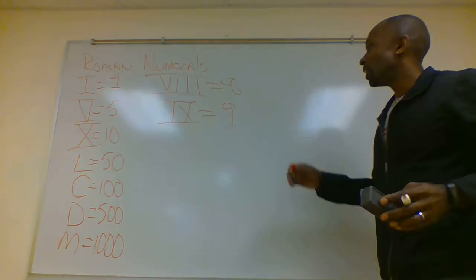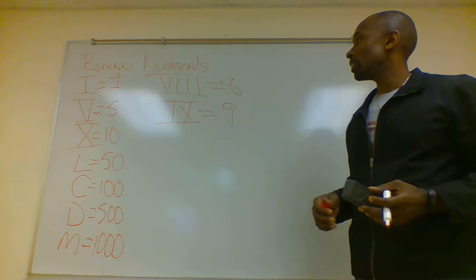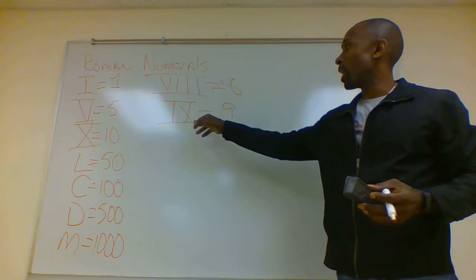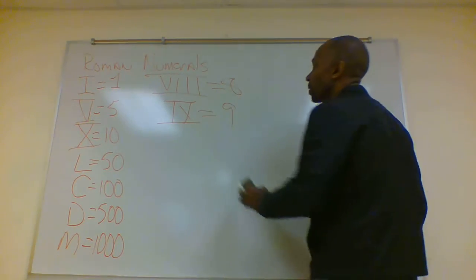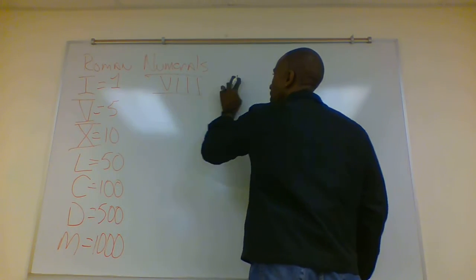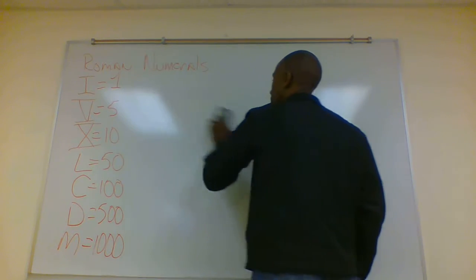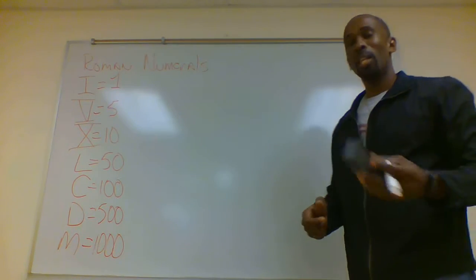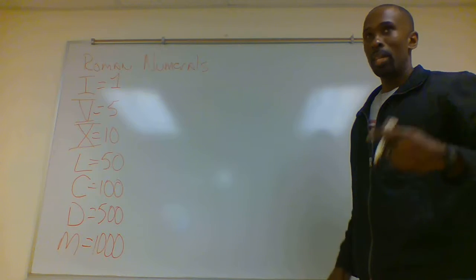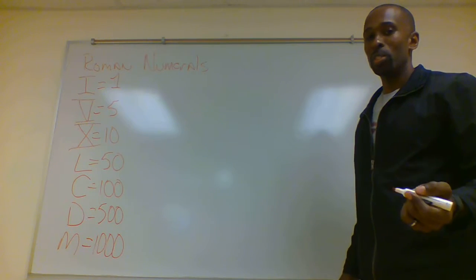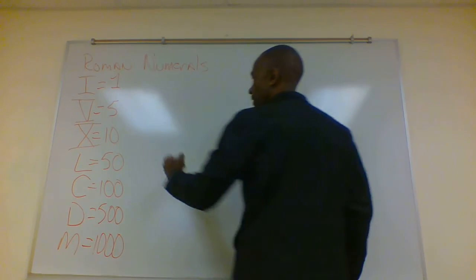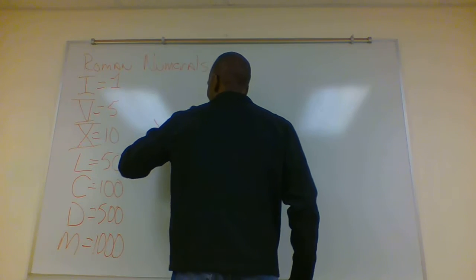But the numbers here up to 9 start with IX, and then we go to 10. So 10 is X, 11 is XI, and it's familiar to you until you get to 14, which should ring a bell, that's XIV.